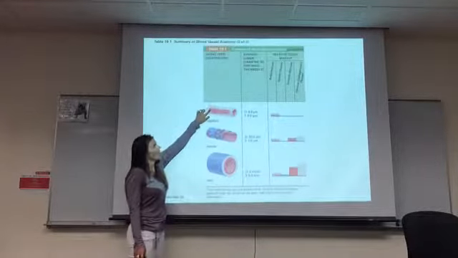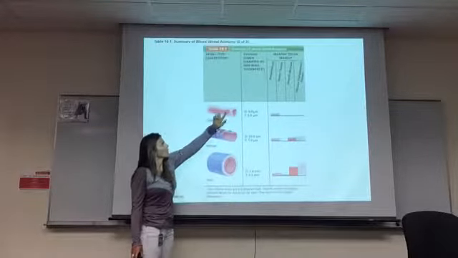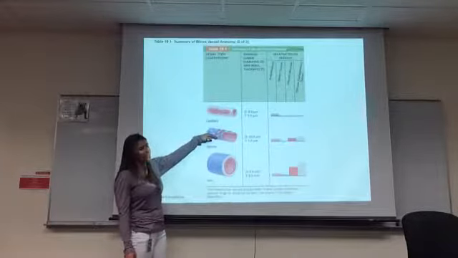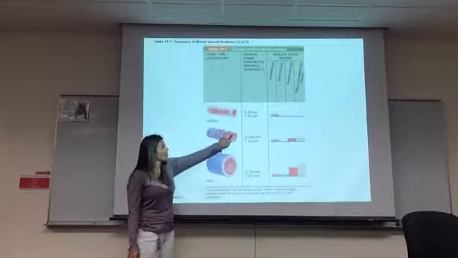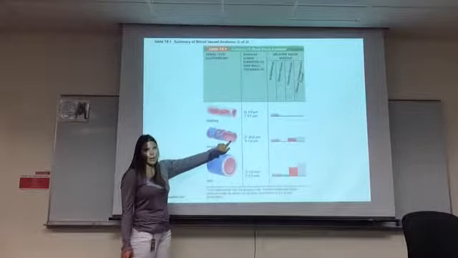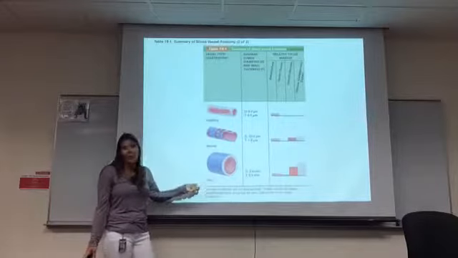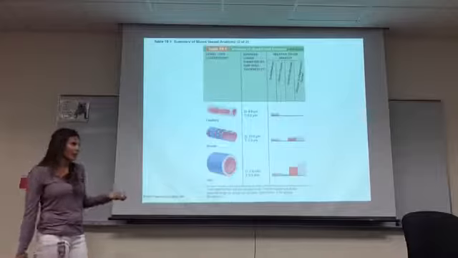Here we have the capillary. Again, it's just one layer thick. We have some connective tissue to reinforce it. Here we have the venules, the smallest of the veins. You can still see that there's a large lumen, but there's barely any tissue surrounding that as far as anatomy is concerned. Here, in our largest veins, we still don't have as much muscle as we even have in our medium-sized arteries.